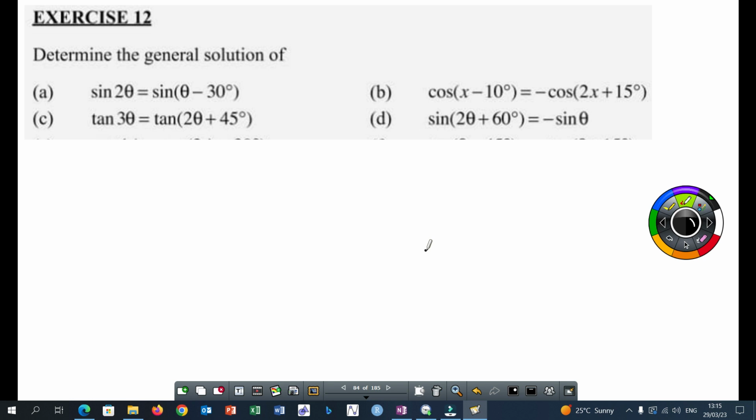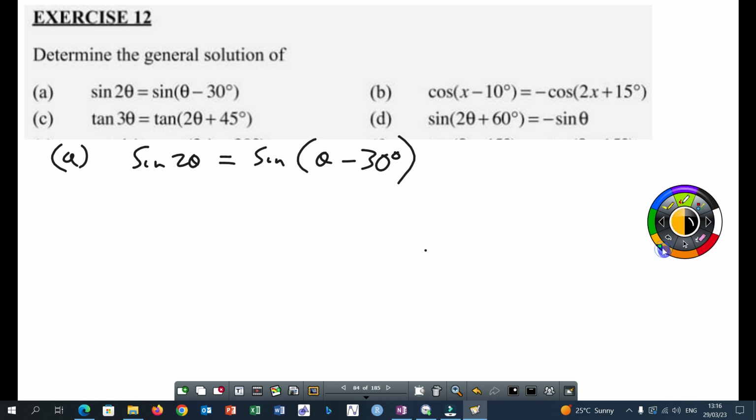Okay, so if I look at the first one, we have got sine 2 theta equal to sine of theta minus 30 degrees. Now, if you want to solve this, because we have got sine on the left, sine on the right, on the left our angle is 2 theta, on the right our angle is theta minus 30 degrees.